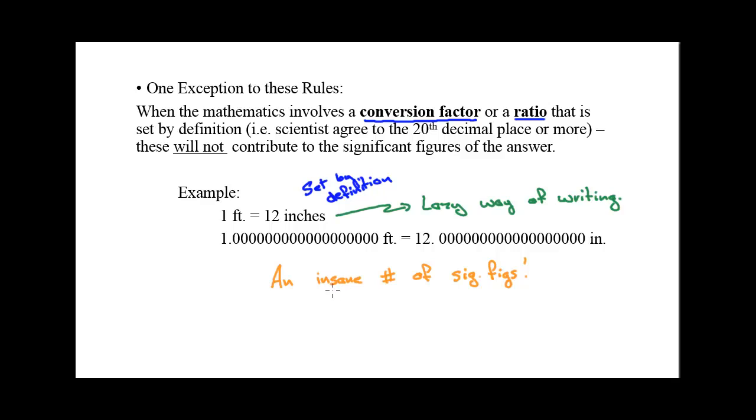And if that is the case, the significant figure rules both state that they are looking for numbers with the fewest number of significant figures. So therefore, these numbers never contribute to the sig figs of the answer.